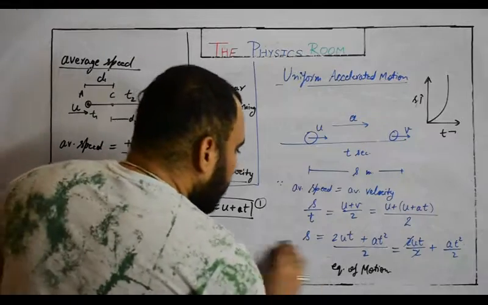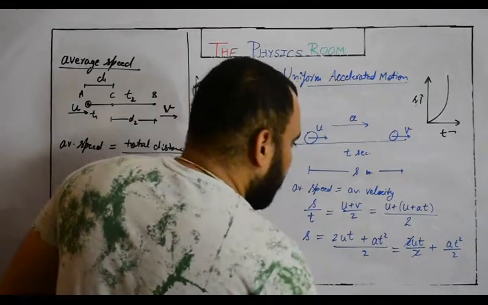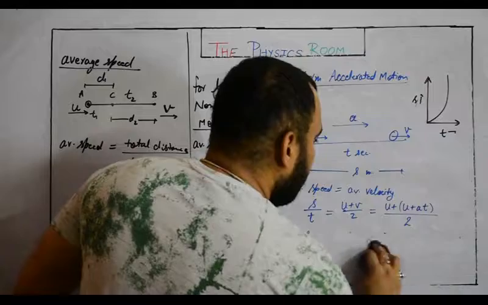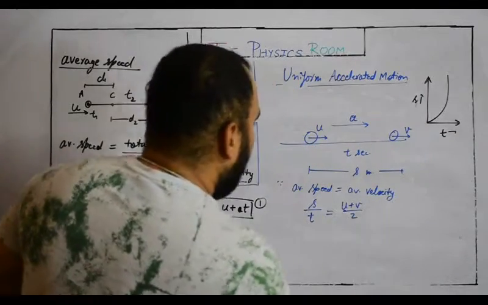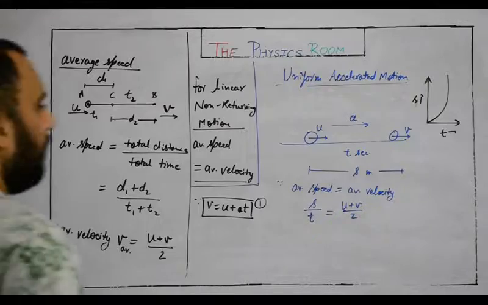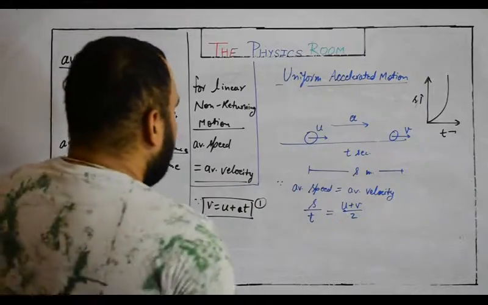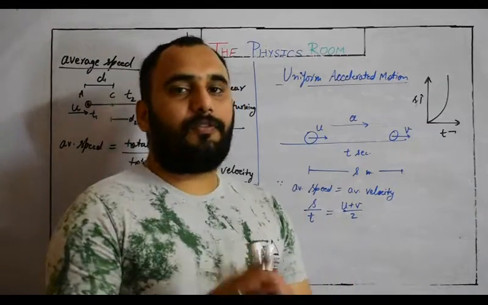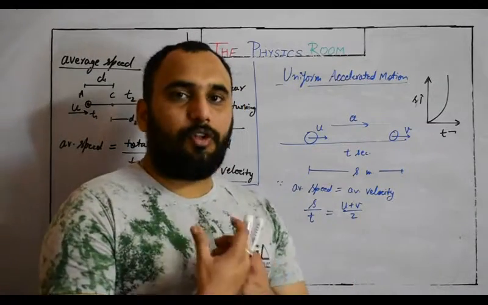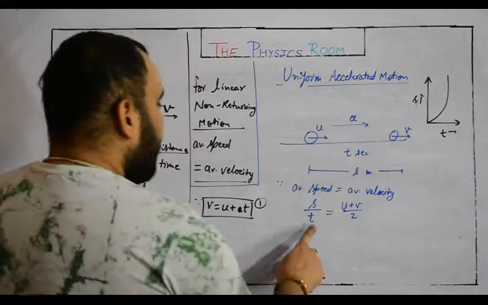For the third, only one thing we need to change here. In the same comparison, that average speed equals average velocity, the third equation of motion is not dependent on time, right? In the equation there is no term for time, so we need to replace t.